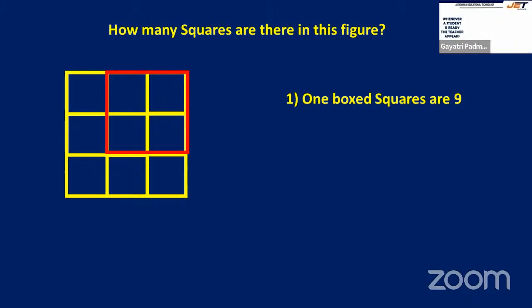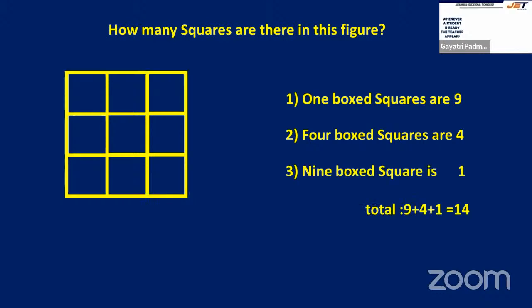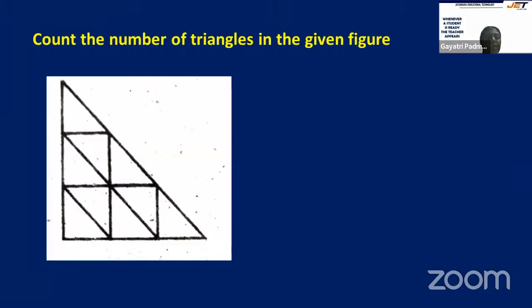Next you have the 4 box square, which is 1, 2, 3, 4. Isn't it? So the 4 box square is 4. Next, the full one is 1. So it is 14, right? So there are 14 squares in this figure. All right. See the next one.